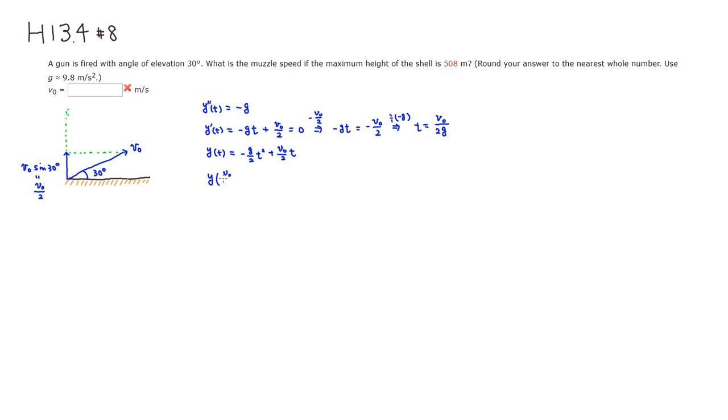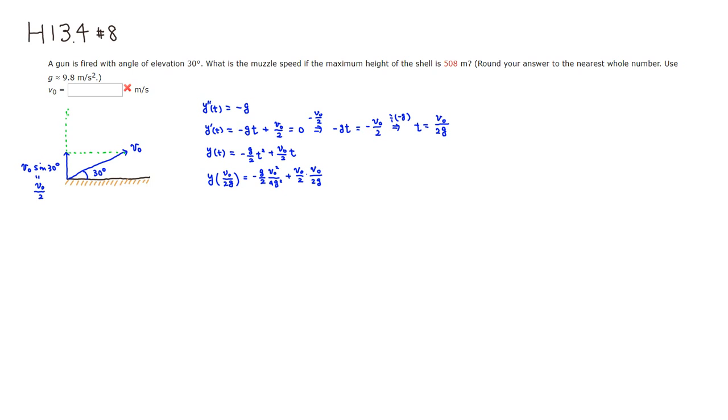So we say y of v0 over 2g. This is going to be negative g over 2, and you have to square this, so v0 squared over 2 squared is 4g squared, plus v0 over 2 times v0 over 2g.